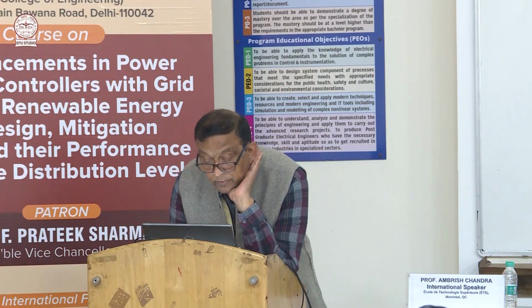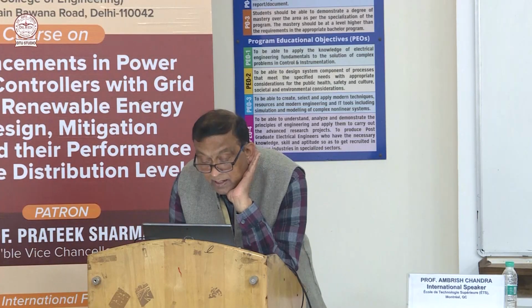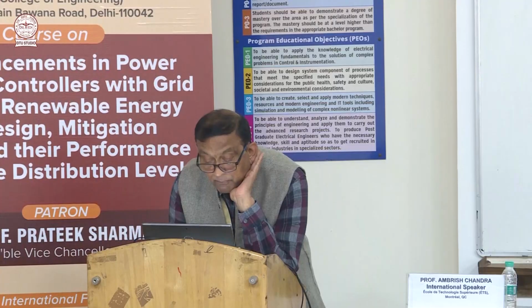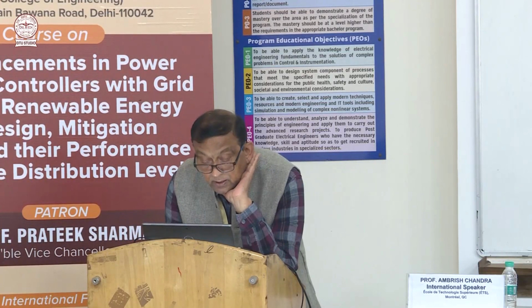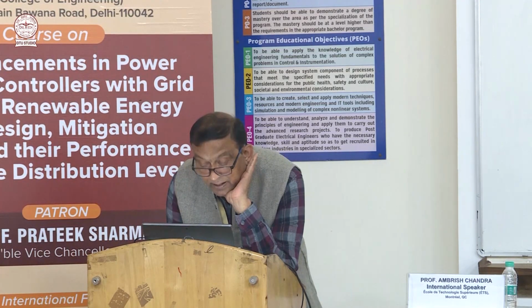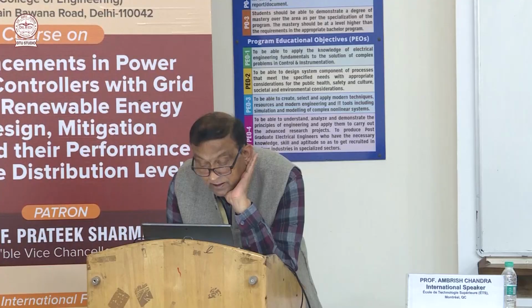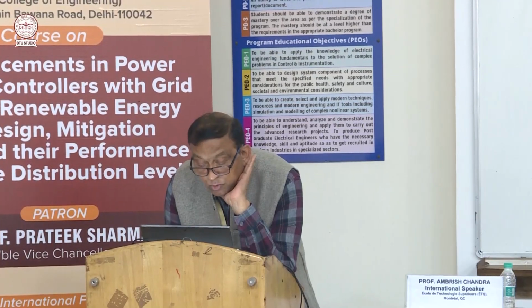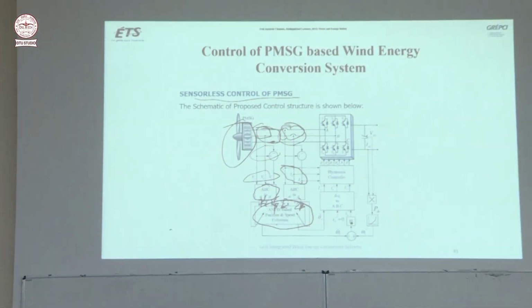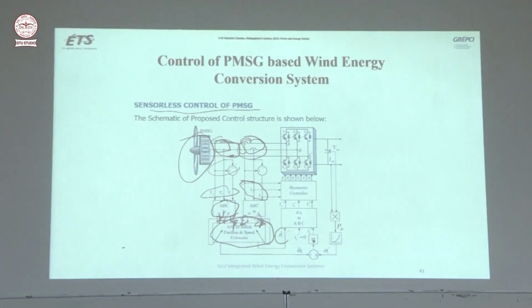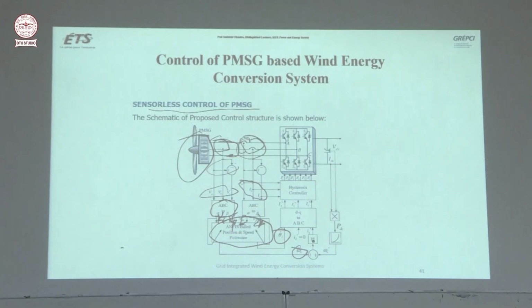So then you have VA, VB, VC and IA, IB, IC, and then ABC to alpha-beta Clarke's transformation, giving voltage alpha, voltage beta, current alpha, current beta. And then he used the ANFIS control algorithm for position and speed estimation. So position and speed estimation was done.